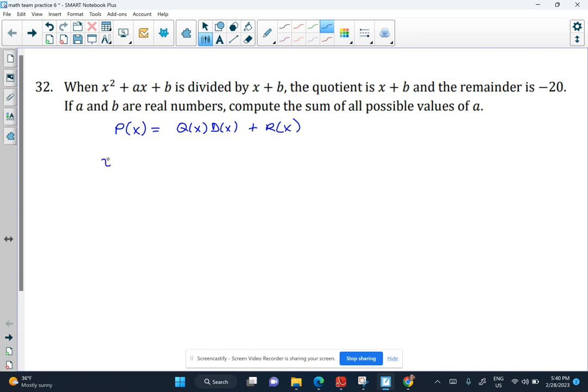We know the polynomial is x squared plus ax plus b, the divisor is x plus b, and the quotient is also x plus b. So we're just going to fill that in here.